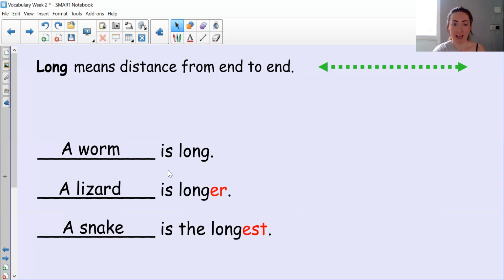A worm is long. Next sentence, what does it say? A lizard is longer. Well done. That means the lizard is longer than a worm. And finally, a snake is the longest. Good. The snake is the longest because it's longer than a lizard and longer than a worm.